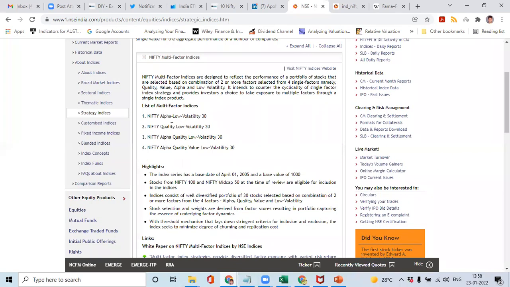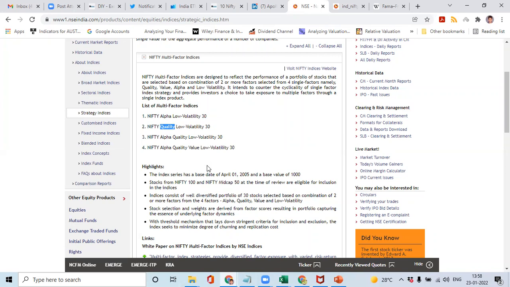Not all four, only two: alpha low volatility and momentum. I don't have data for quality, neither am I interested, nor for value. So I'll only show you how to construct a momentum 30 portfolio. 30 or 20. Once you get the ranking, it's just up to you, right? You can select 10, you can select 20, you can select 50, you can select all 200 also.